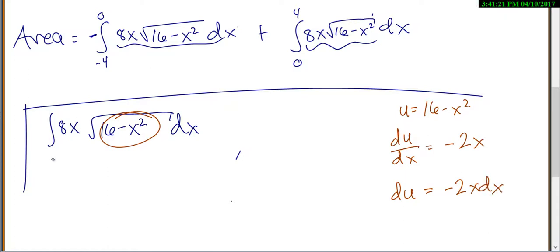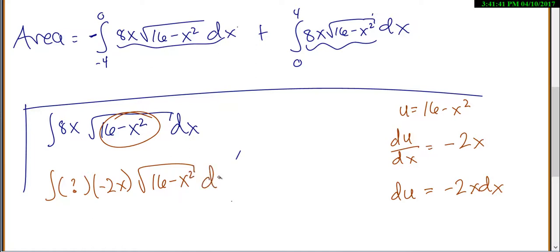So let's come back over here. We don't have a 2x, we have an 8x. Okay, so if I wanted this to be the integral of maybe something times negative 2x square root of 16 minus x squared dx, because this part here, that would be my du, and this would be u.